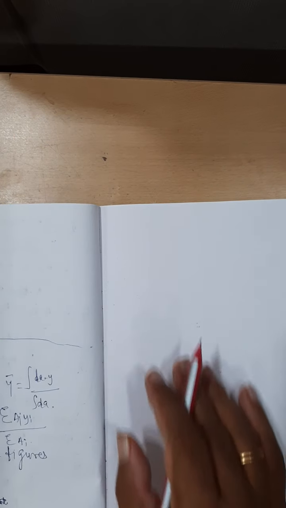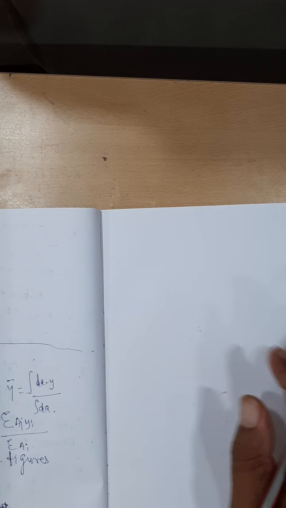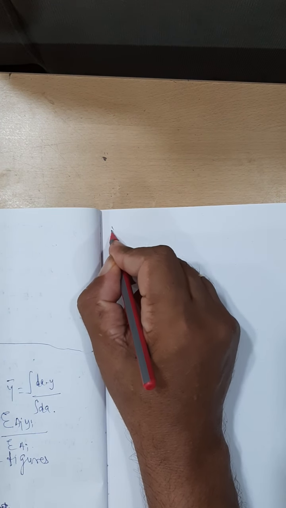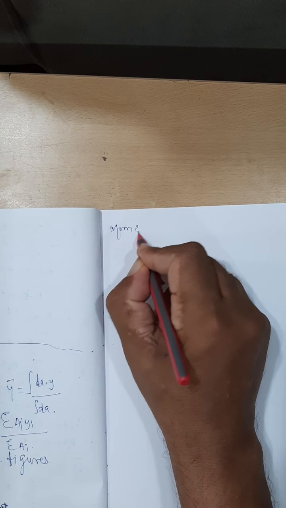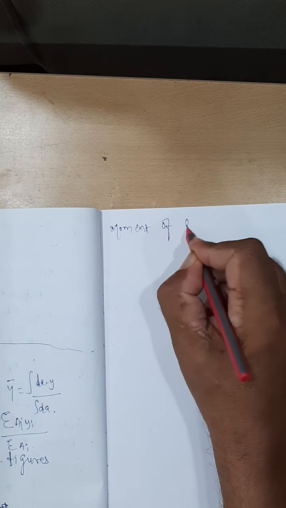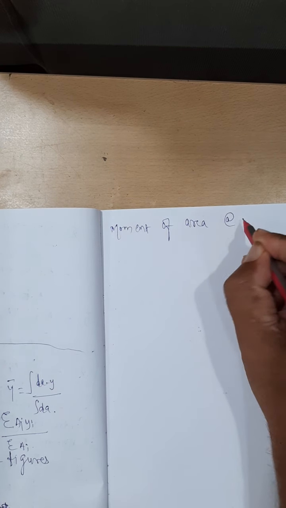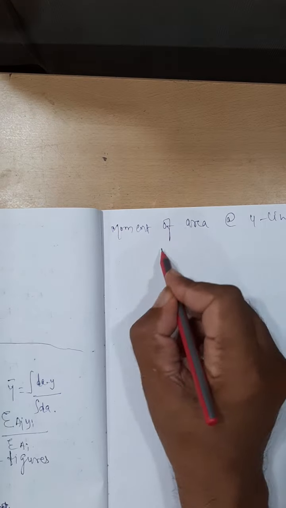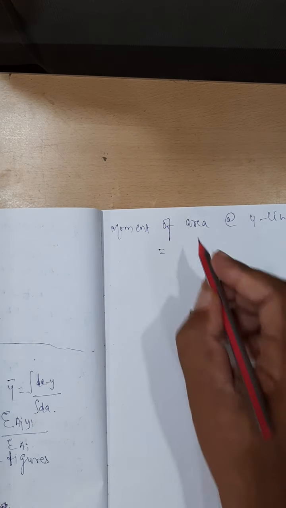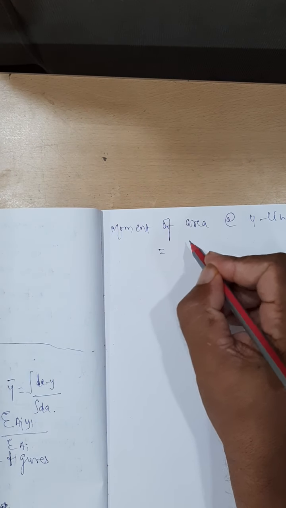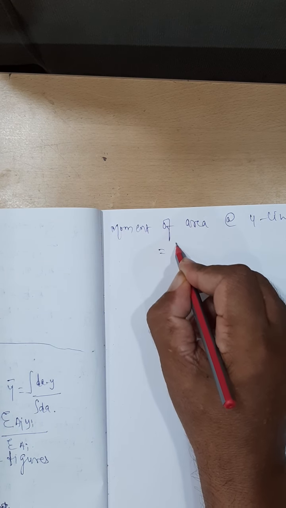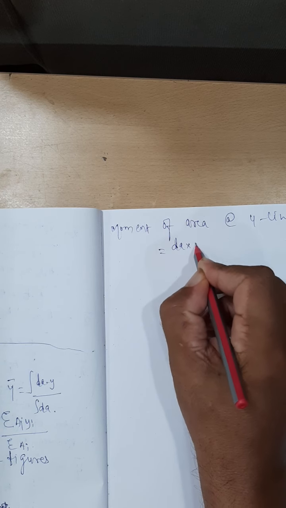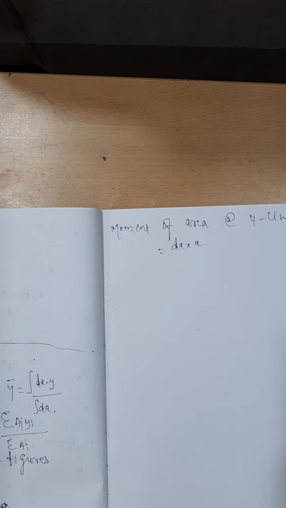Is it alright? Therefore, what is the moment of area of this particular small elemental strip about the y line? It is given by the small area into its location from the y line.